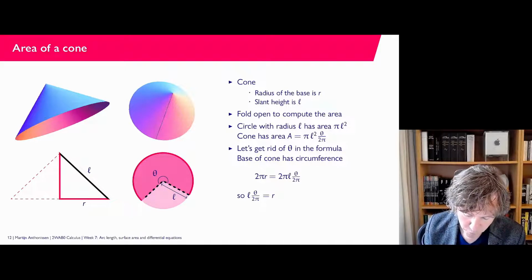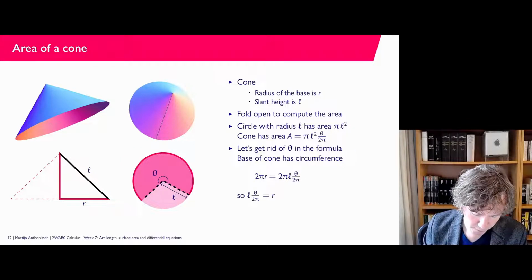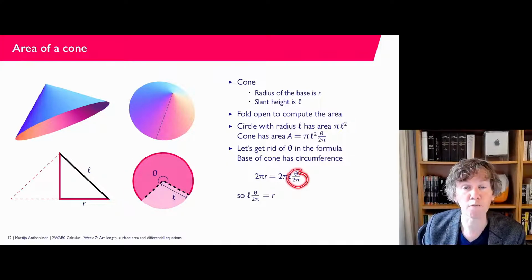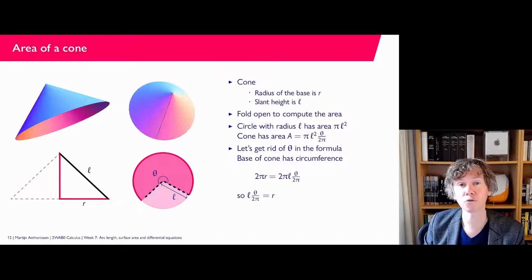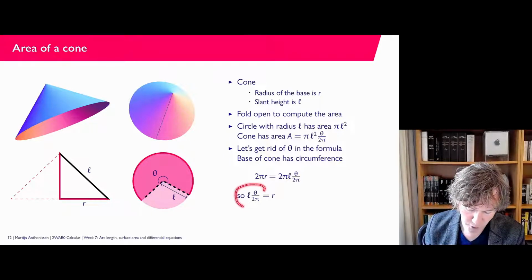On the other hand, if you look at this picture here, you see that the full circle has circumference 2 pi L, and again we take the theta over 2 pi part of it. So this equality holds. If you compare those two, you can divide by 2 pi if you like. You see that L times theta over 2 pi equals r.